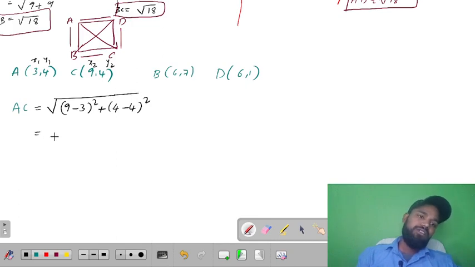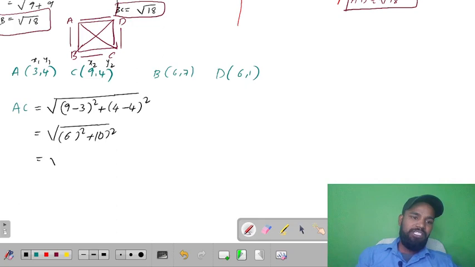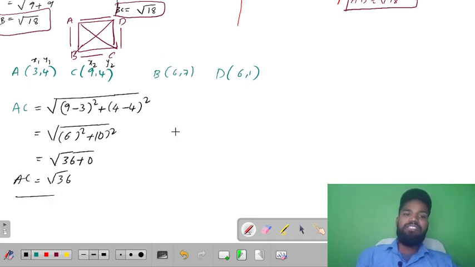So that is under root 9 minus 3, 6, and 4 minus 4, 0. So 6 square is 36, and 0 square is 0. So that is nothing but under root 36, which is your AC. Value of AC is 6. Yes or no? Yes. Next we are going to find BD.